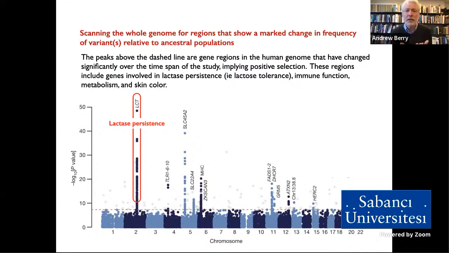And remember, these are the changes that make humans human, right? This is a really nice proof of principle: the strongest signal we have is from a gene we've already discussed, namely the mutation that confers lactase persistence on modern populations. So we already knew that, we haven't discovered it, but it does suggest that this system is working really well.